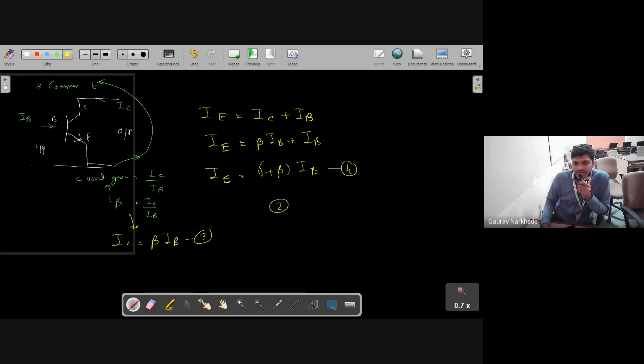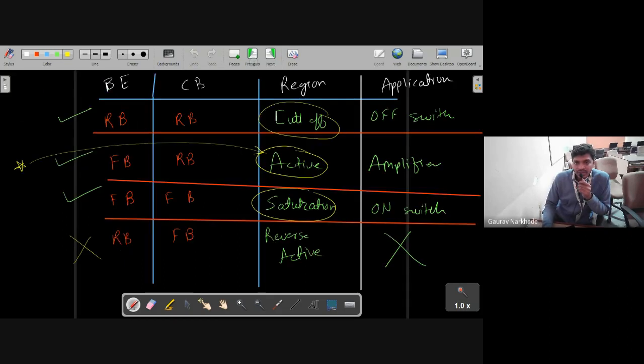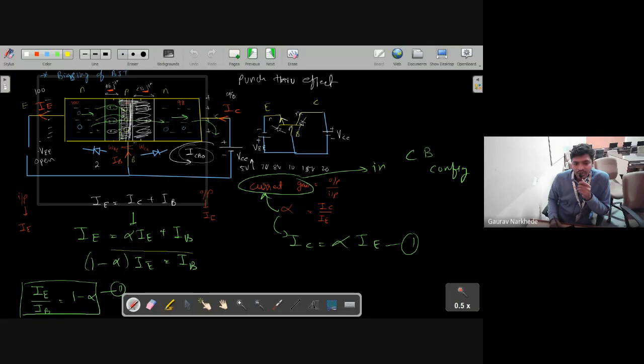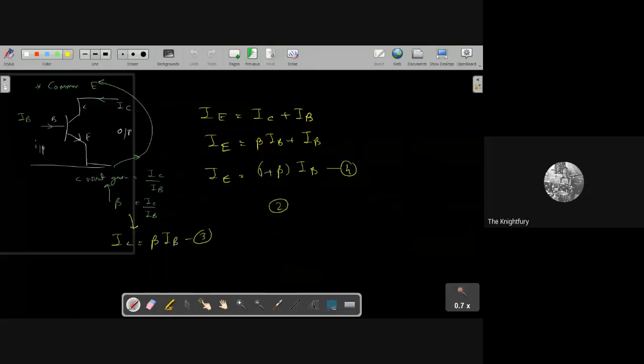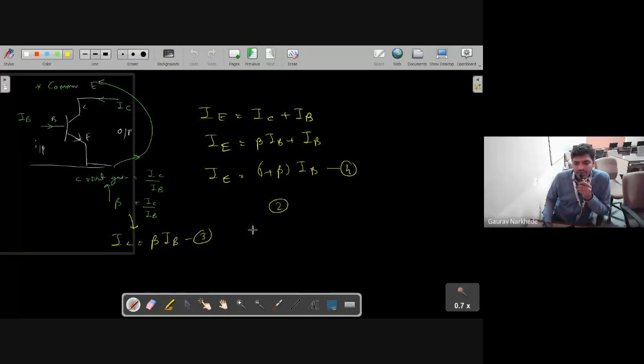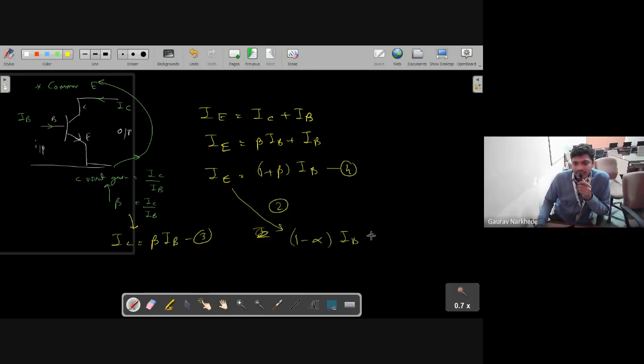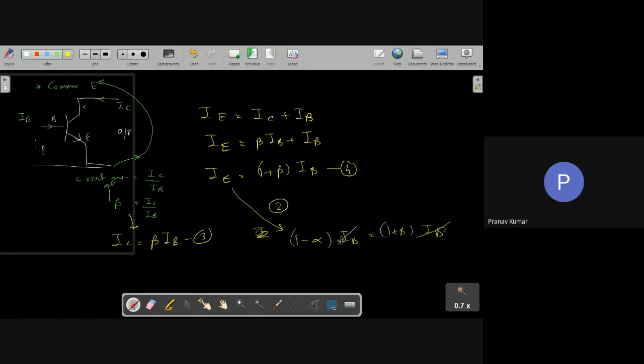Right. Second equation क्या था हमारा? IB is equal to 1 minus alpha times IE. बराबर है. This is 1 plus beta times IB, correct? Yes, sir.